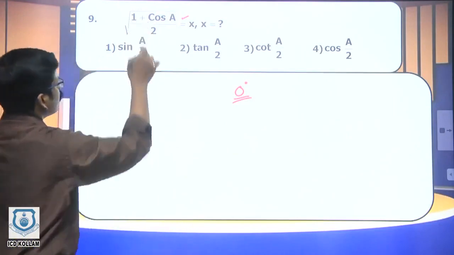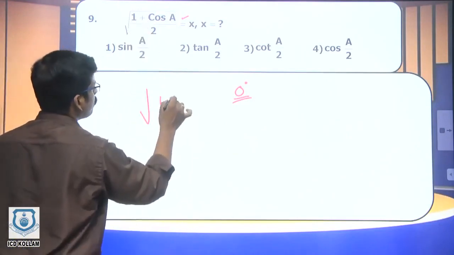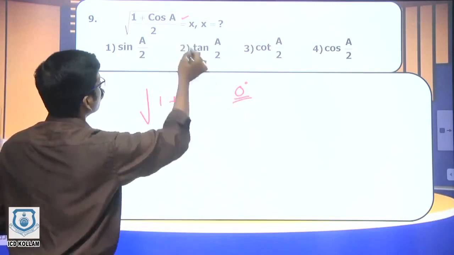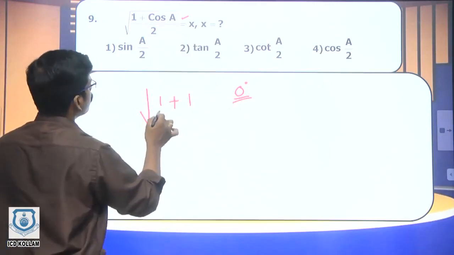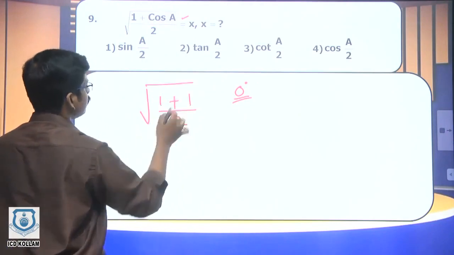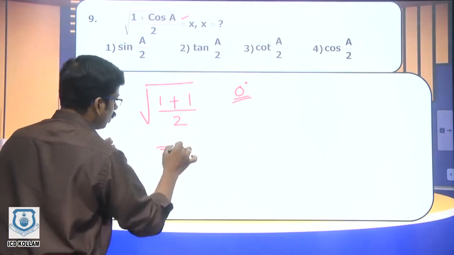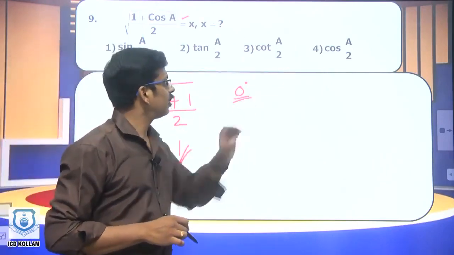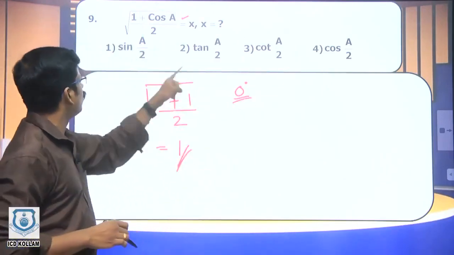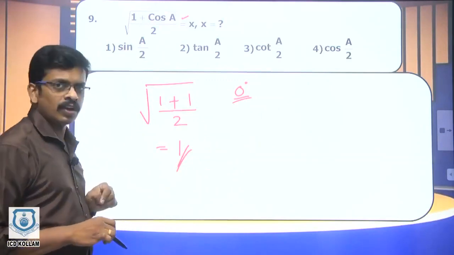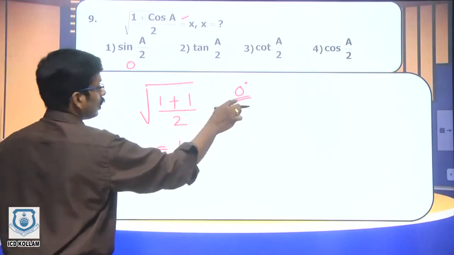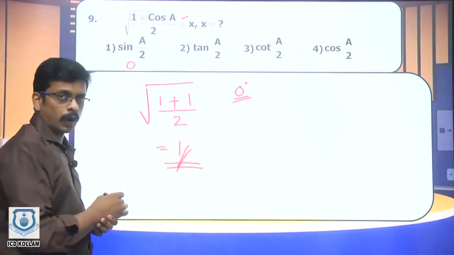So at that time, I get root of 1 plus cos A. Cos 0 is 1, so 1 plus 1 is 2, root 2 by 2 is 1. Applying that 0 to sin, sin of 0 by 2 is 0 again, sin 0, which is not equal to our required 1.